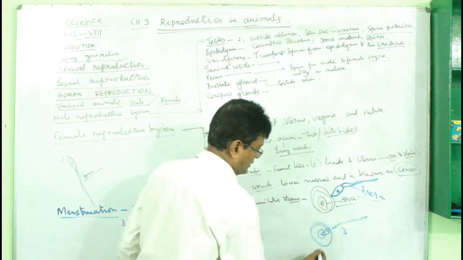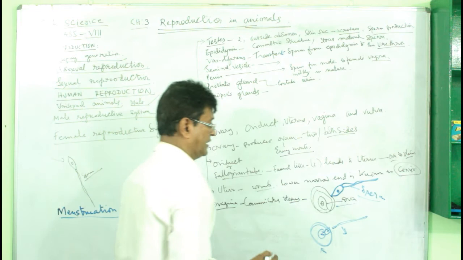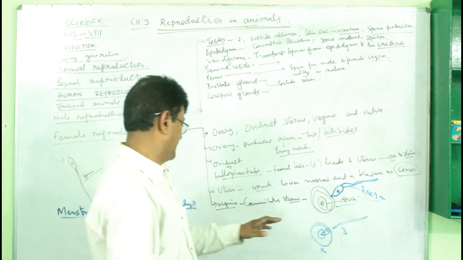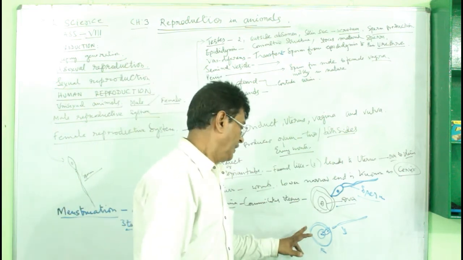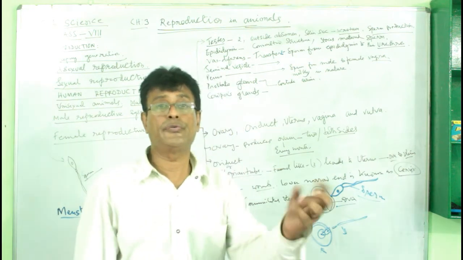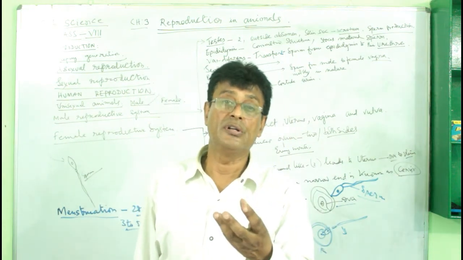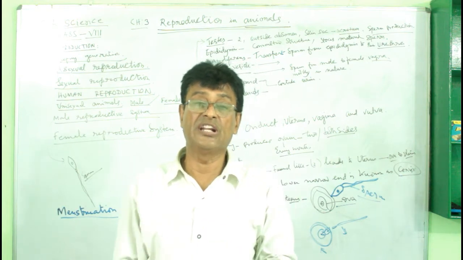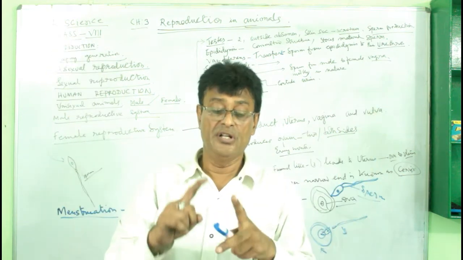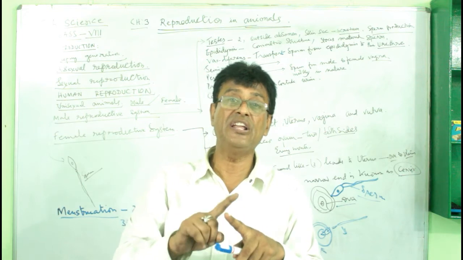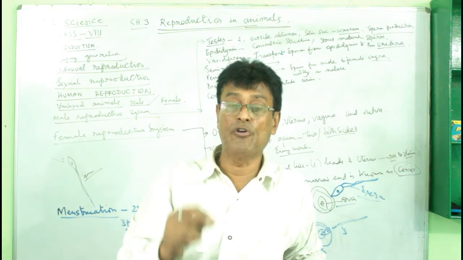So this is fertilization. After fertilization, the cell is known as the zygote, Z-Y-G-O-T. It is nothing but the fertilized male and female unit, that means the sperm and the ovum.